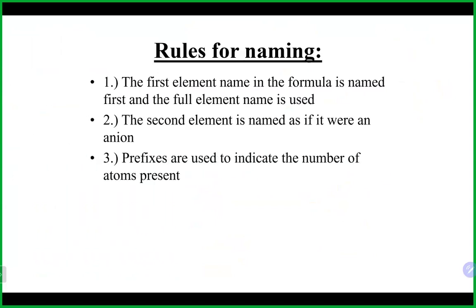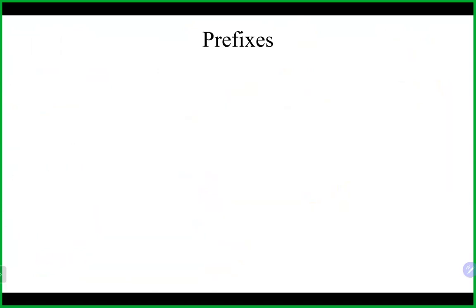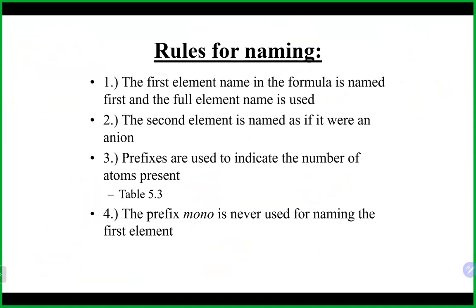All right, so as I mentioned before, we use our prefixes. The way that we name it is the first element first, followed by the second one. Now, there is sort of an exception for hydrogen, and hydrogen really is a nonmetal, as we talked about. But for a lot of reasons, in a solution hydrogen kind of behaves more like an ion.